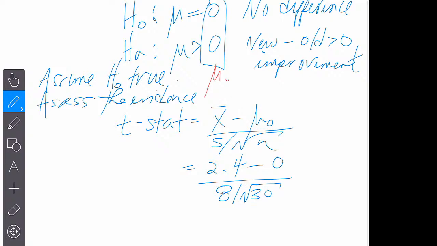And we have to just assume there's no other information, so we just assume that this comes from a normal distribution, or that it's not highly skewed in test scores to be able to do this. So we calculate that, which turns out to be 1.64.